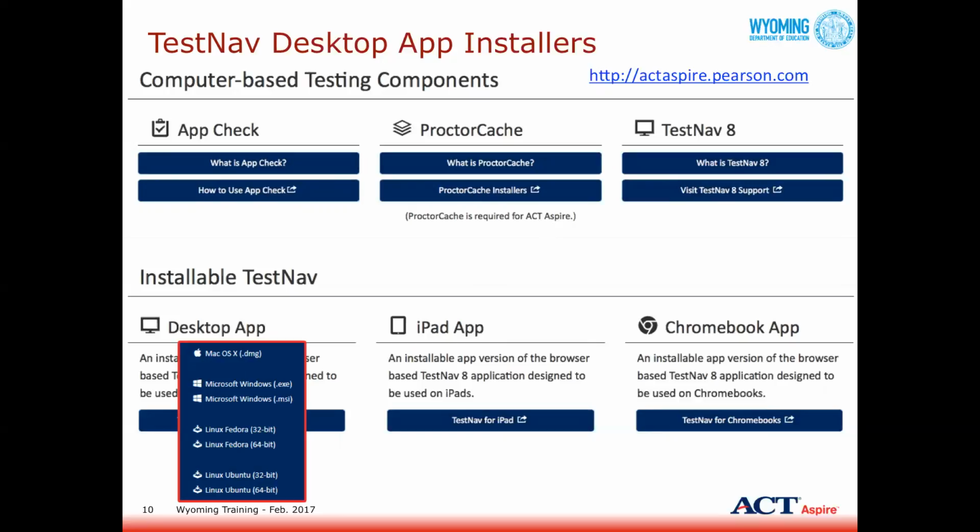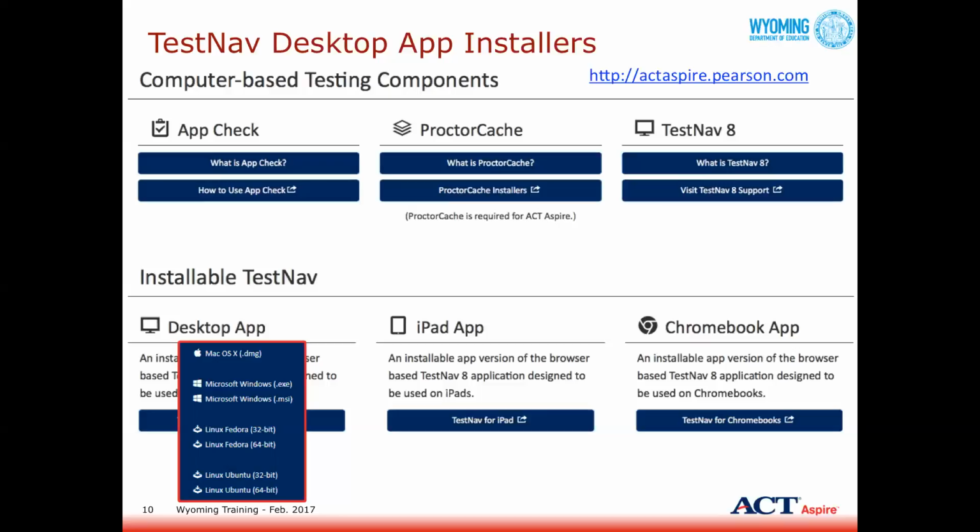So if you look here from a Mac, there's a DMG that you can actually download and propagate to all of your devices. From a Windows perspective, you could actually download an executable, and if you wanted to go to every single device and install it, you could. Or we also offer an MSI, which is a capability to be able to push that particular image to all of your devices in a controlled manner.